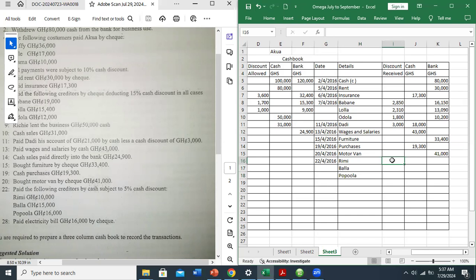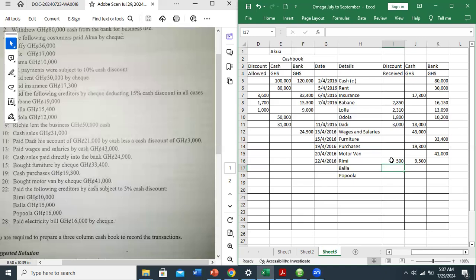So 10,000 times 5%. How much are we getting for Remy? 5%. I think that should be 500. So the net figure will be 9,500 under cash since the transaction was in cash.